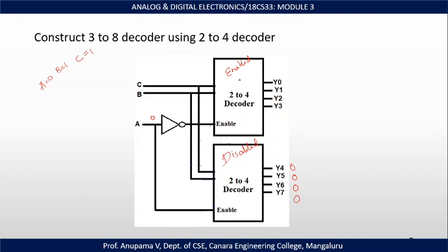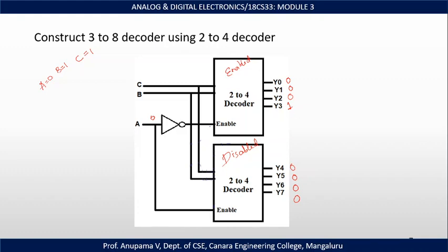Since the upper 2 to 4 decoder is enabled, based on the value of B and C the output is set. Now B and C value is set to 1 1. So Y3 will be set high and all other values, that is Y0, Y1, Y2 will be set to 0.